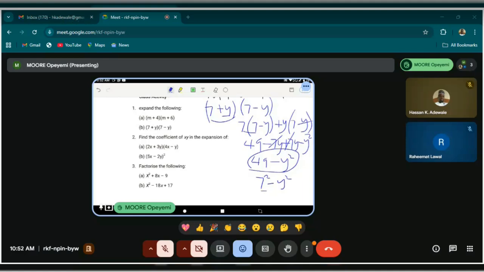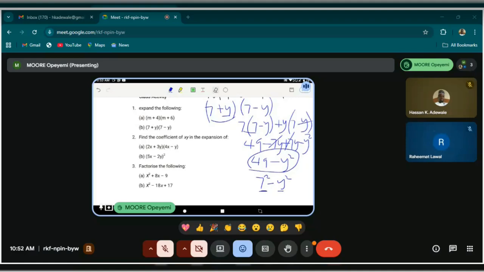You can see that the two of them carry square. When you factorize difference of two squares, the terms will be the same, but the signs will be different. One will be positive, the other one will be negative. That is difference of two squares. Is that taken? Yes, sir.